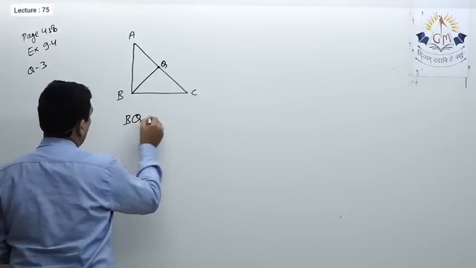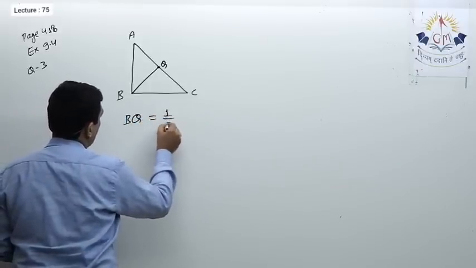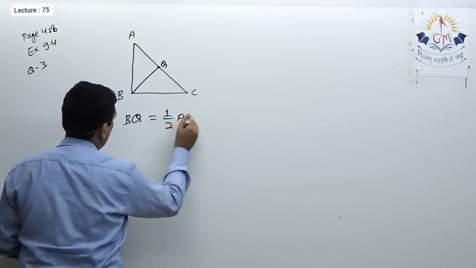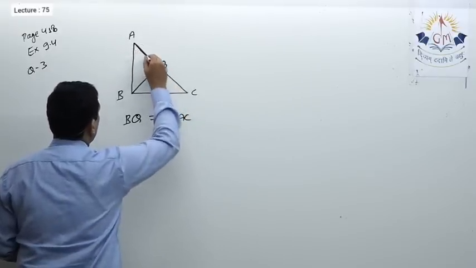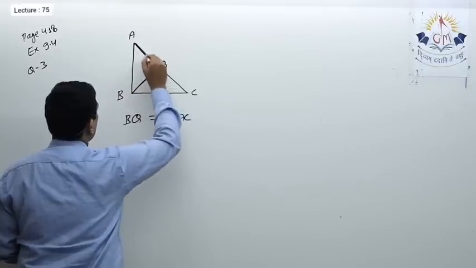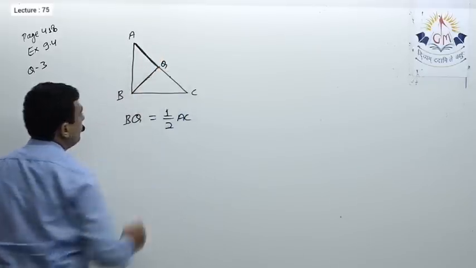Here we have to prove BQ equal to half of AC, that means BQ equal to AQ as well as BQ equal to QC.